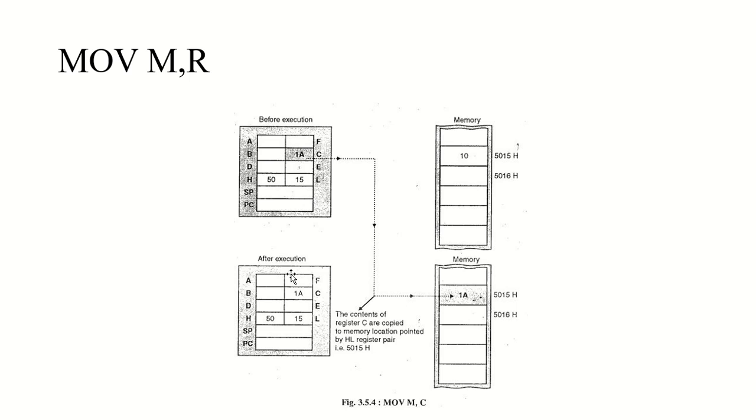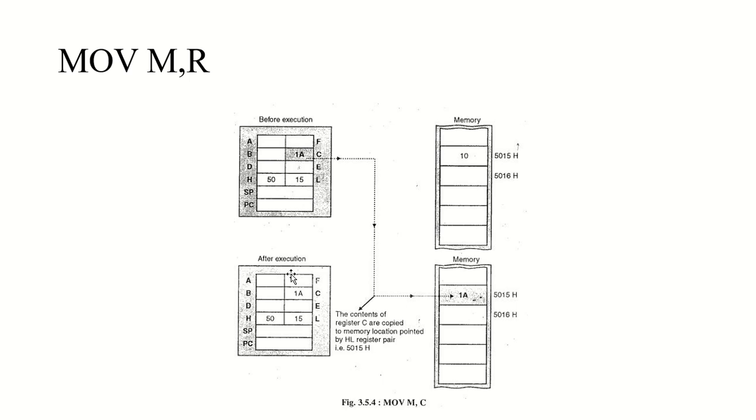So it copies data from register R to memory M. The HL register pair is used as a memory pointer, and the content of the HL register pair is used as the memory address, and the content of the specified register is transferred to that memory location. The register R can be any 8-bit general purpose register like A, B, C, D, E, H, L, anything, and it consumes only 1 byte, right?